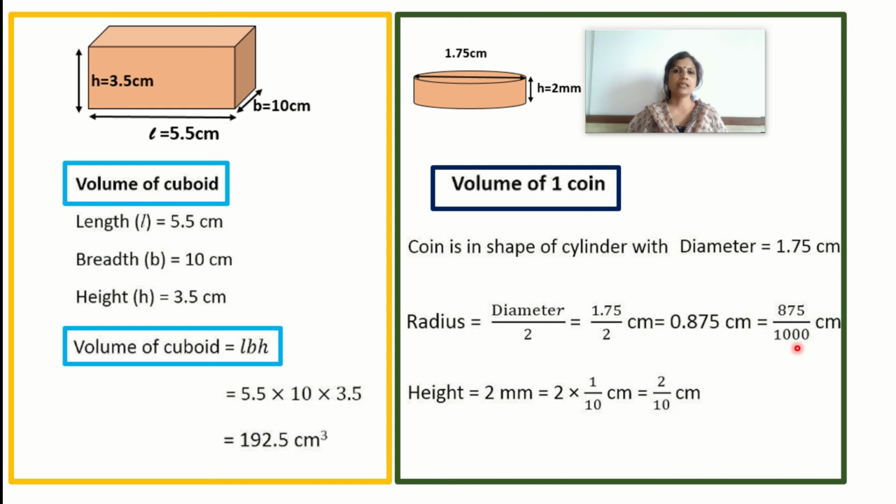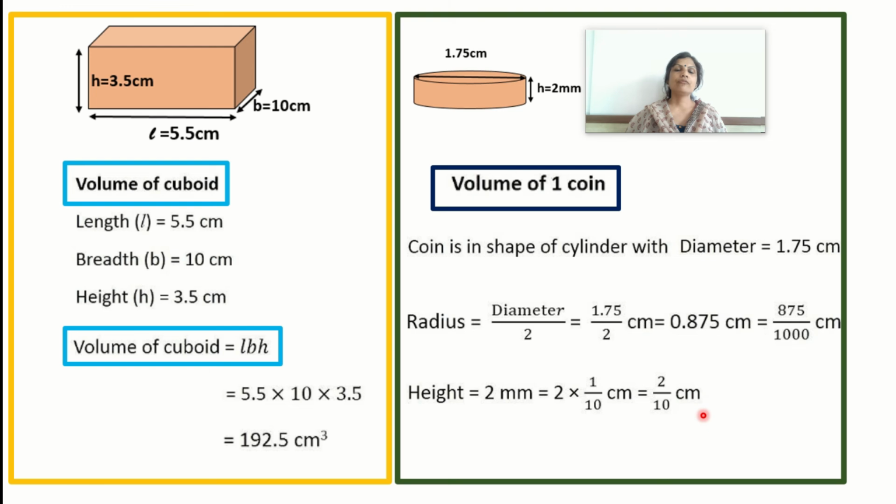So it is 875 upon 1000 centimeter. Then we are also given the height, that is 2 millimeter, but we have to convert this 2 millimeter into centimeter because all other values are in centimeter. So 2 millimeter is equal to 2 into 1 upon 10 centimeter, that is 2 by 10 centimeter.